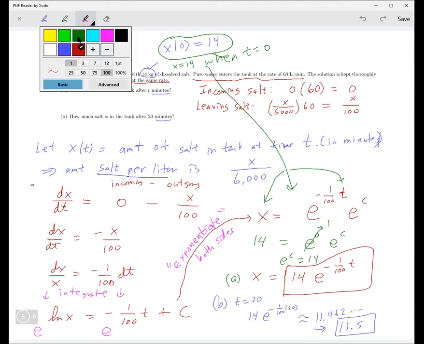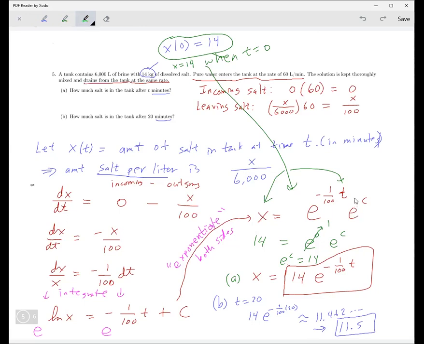Just a quick note in closing about this problem. When you have this kind of situation, you'll notice that this e to the c, 14, is actually the initial amount. This is typically referred to as x0.